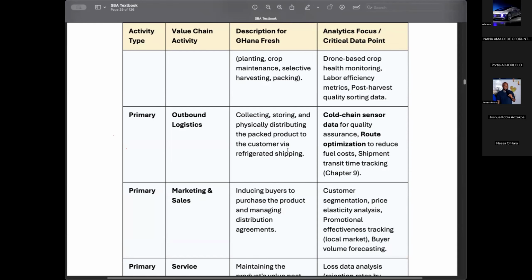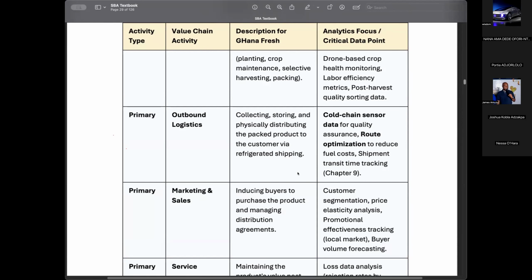Then outbound logistics: collecting, storing and physically distributing the packed product to the customer via refrigerated shipping. So I would like to have fridges that have a cold chain sensor so that I can monitor the temperatures in the fridge for quality assurance and for optimizing even my route and my destinations. Optimize the transportation system, or all my transportation activities.